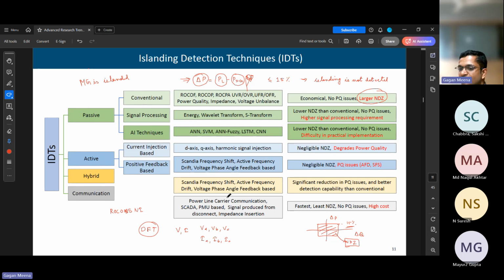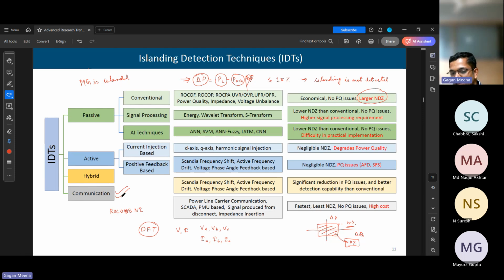So breaker status, for that we require communication. In distribution systems, we don't have that much communication right now, and that's why this is the last category.